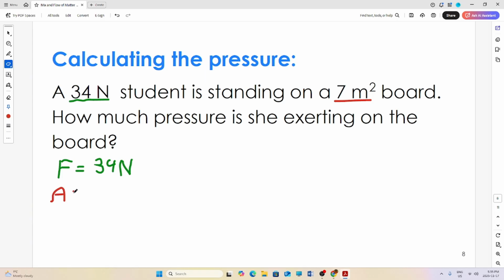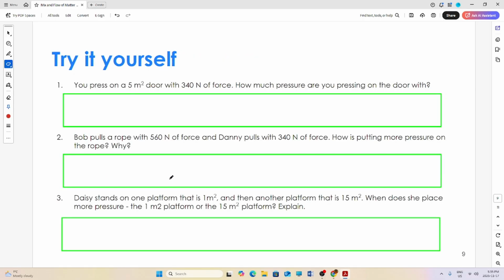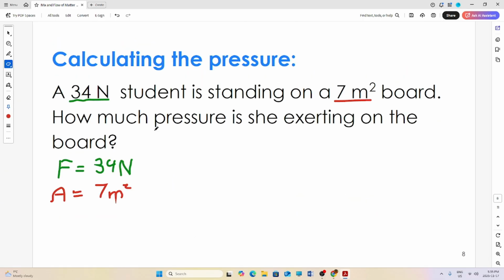You should be trying to do these on your own as well. 7 meters squared. And now the question is asking how much pressure? We don't know P.